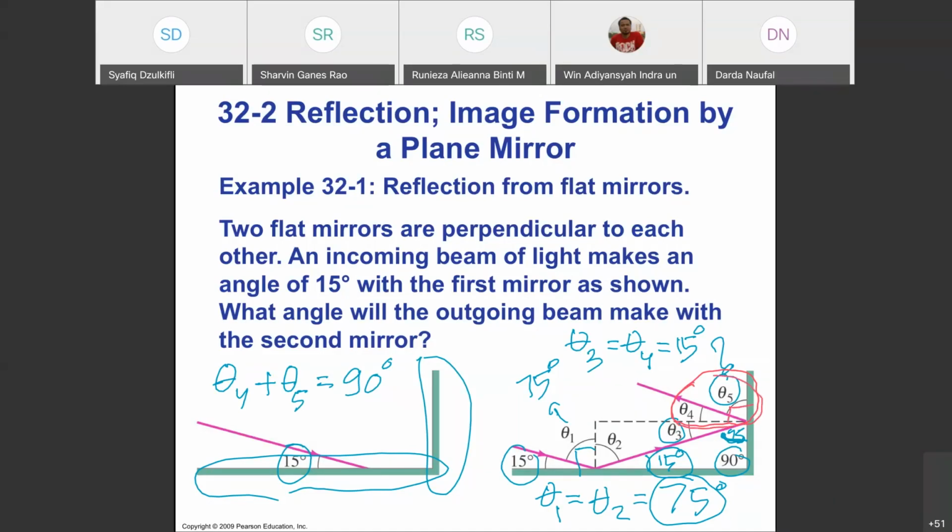Theta 5 is 90 minus 15, equal to 75 degrees. So the outgoing beam makes an angle with the second mirror equal to 75 degrees. Anyone confused? No? Easy. Okay, we proceed to the next one.